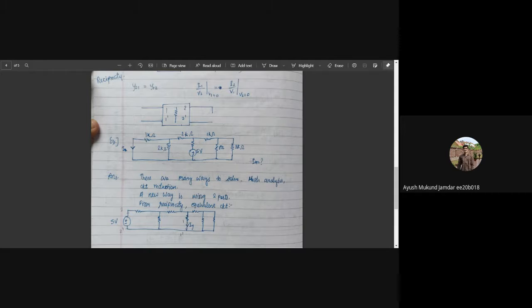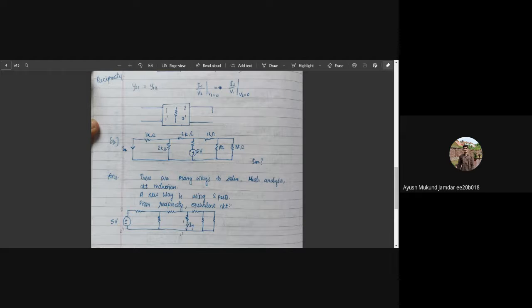Here we will deal with Y parameters. As you can see, by reciprocity, Y21 is Y12. What does it mean? It means I1 by V2 at V1 equals 0, that is Y12, will be equal to I2 by V1 at V2 equal to 0.